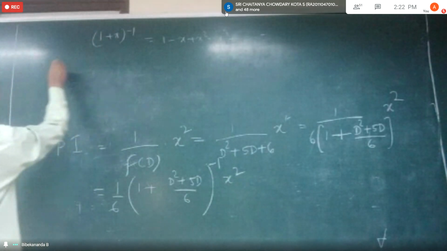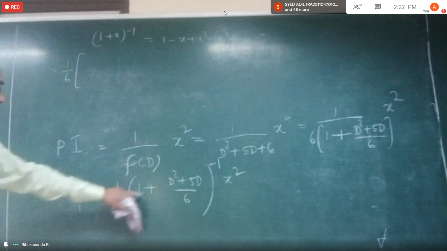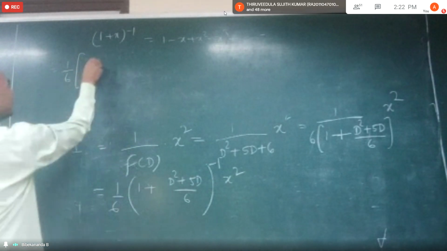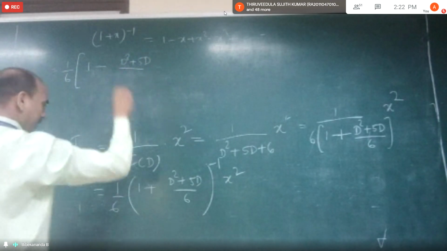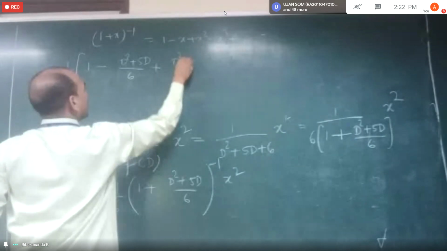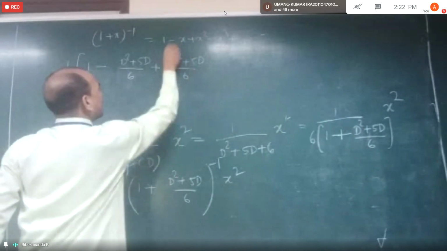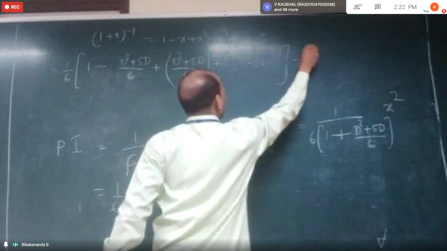So what will this be? 1 by 6 into (1 minus (D square plus 5D) divided by 6 plus ((D square plus 5D) divided by 6) whole square), and so on. No need to write any other term.